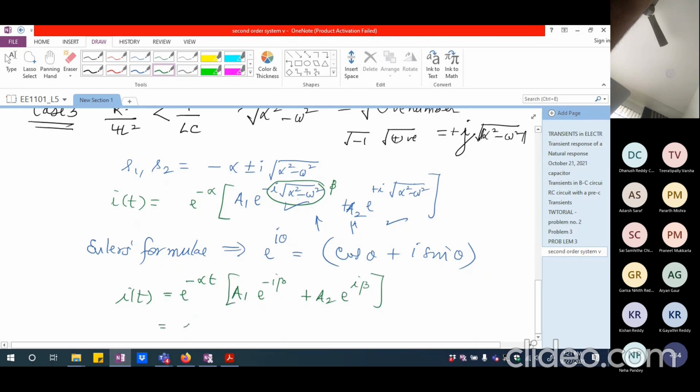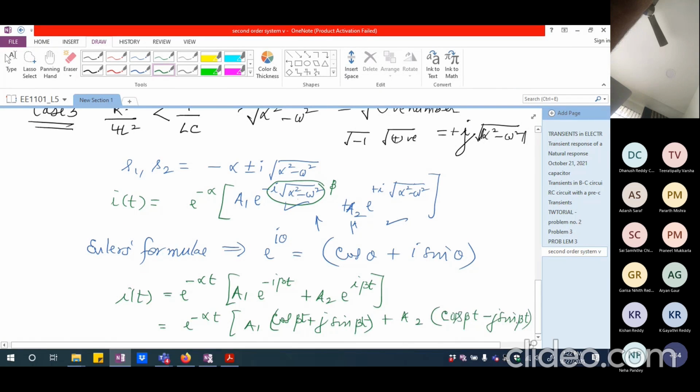So I can write this as e power minus alpha t, of course putting t along with all of these. So I should say a1 times cos beta t plus j sine beta t in one case. The other case is going to be a2 multiplied by again cos beta t minus j sine beta t.